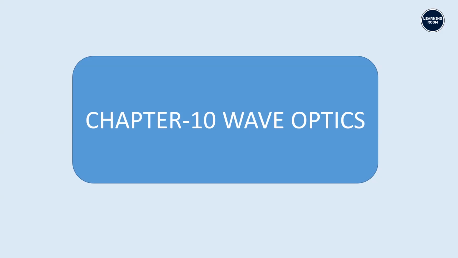So if you see, the branch was classified under optics itself. So what is optics all about? Optics is a branch of physics which deals with the interaction of light with different kinds of objects. When light falls on another object, it exhibits different kinds of phenomena, correct?